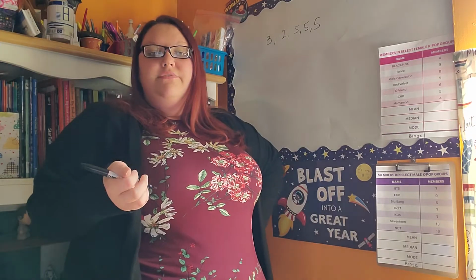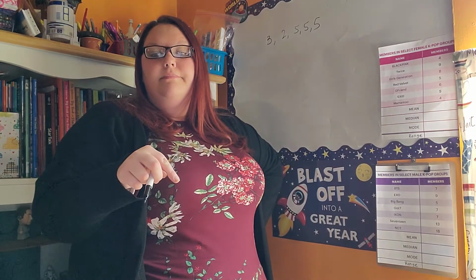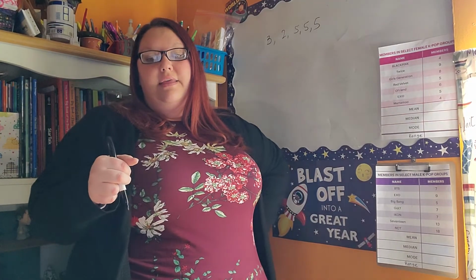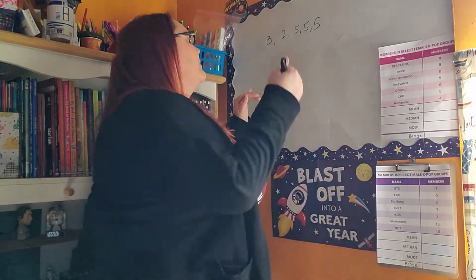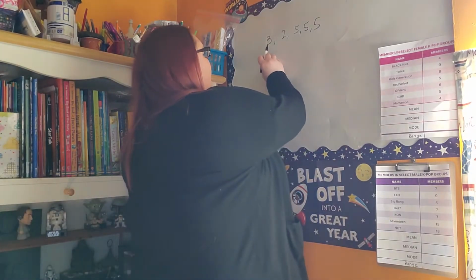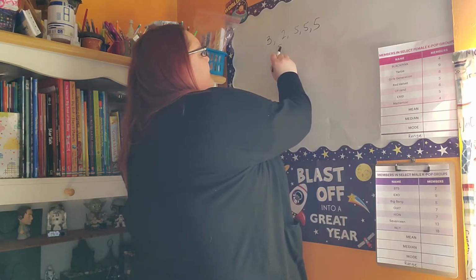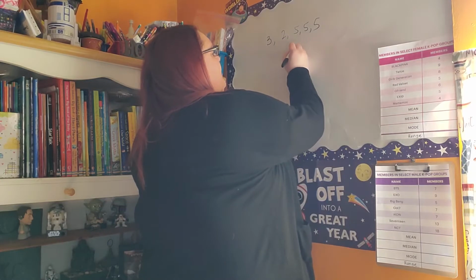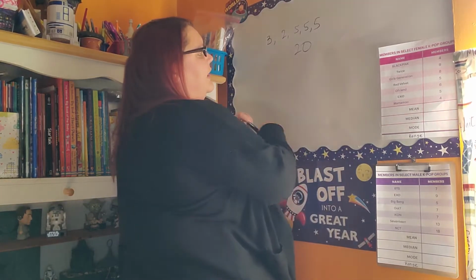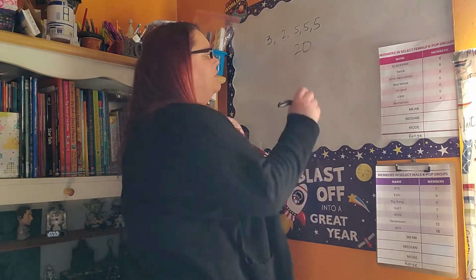So if we're going to find the mean to that, what we have to do is we have to add the numbers up, and then we have to divide them by how many numbers there are. So we would do 3, and this is 5, and then so 5, 10, 15, and 20. So when we add them up, we have 20. Now we have 1, 2, 3, 4, 5 pieces of information.